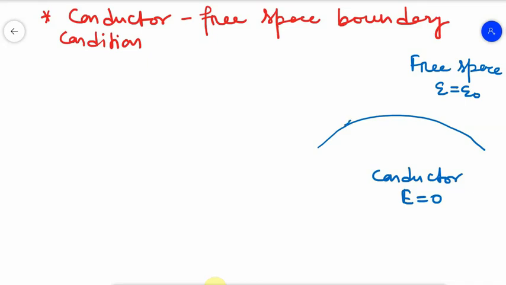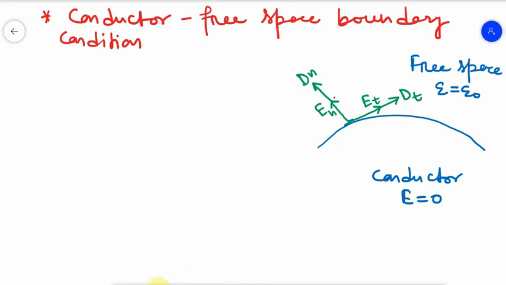Now even if it is free space, E and D will exist. So let's say this is your Et, and this one is your Dt. Because D equals epsilon E, the vector of E is smaller and the vector of D is quite larger. In the same way we have the orthogonal components, this one is En and this one is Dn.